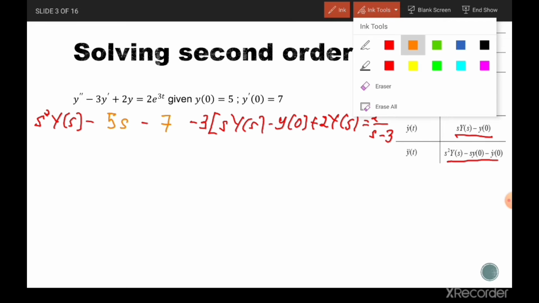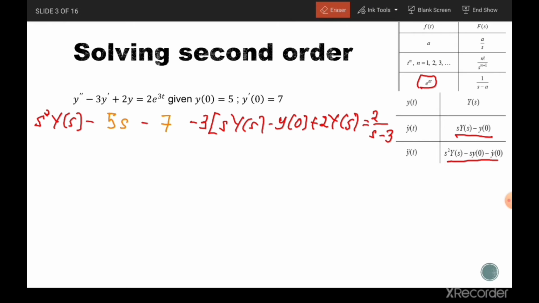Then we also have y(0) here, which I replace with the number 5. So 5 times 3 is 15. Then I can remove the bracket.